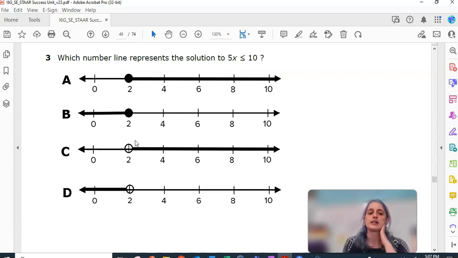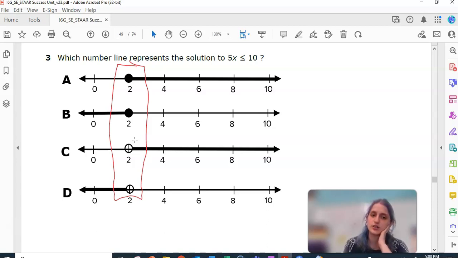Now, when you get a problem like this, I'm looking right away, and I see that all of these circles are on 2. So I'm actually not super concerned with the actual math because I'm guessing the answer is going to be 2. I'm more concerned with what kind of circle I'm going to be using and which direction my arrow is going to go.